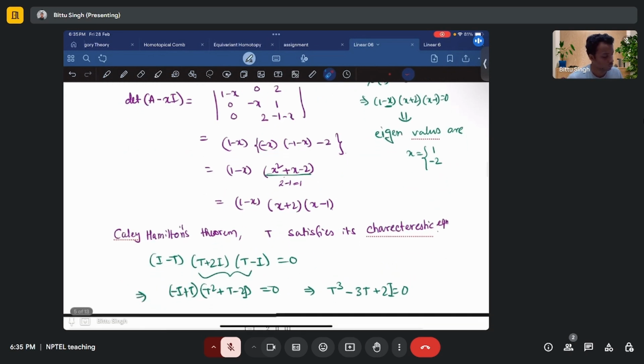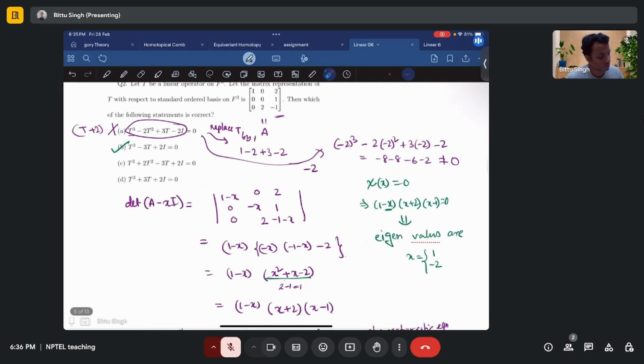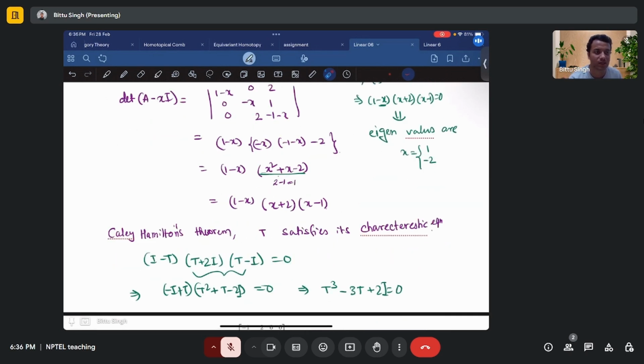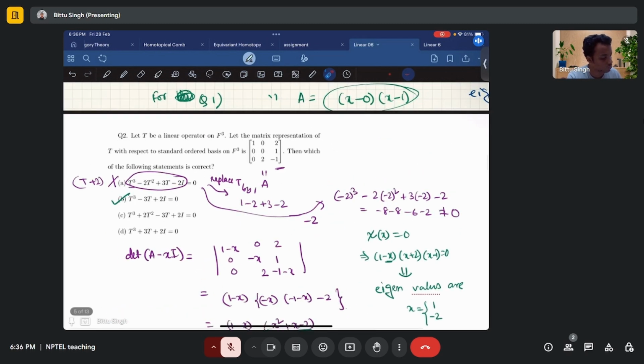Any annihilating polynomial must at least contain the product of the factors corresponding to the distinct eigenvalues. For eigenvalue minus 2 we have this factor, for eigenvalue plus 1 we have this factor, and these are repeating, but at least those two different factors should be contained. Here T plus 2 does not divide this, so it cannot annihilate the transformation.